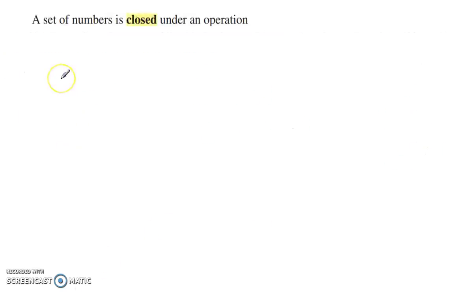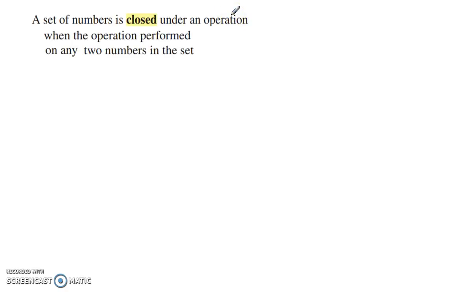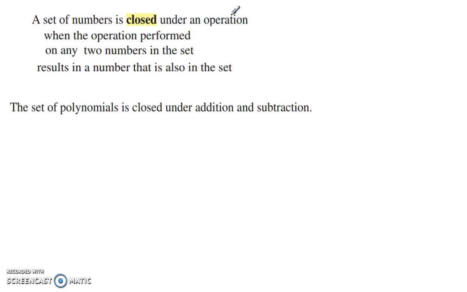All right, a set of numbers is closed. Okay, this is an important term to know. A set is closed under an operation if the operation performed on any 2 numbers in the set results in a number that is also in the set. So, for example, the set of whole numbers is closed under addition. That means if you add one whole number to another whole number, you still get a whole number.